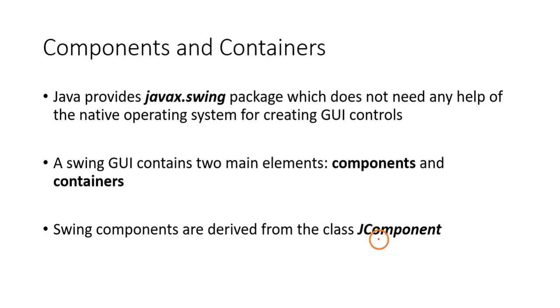In the javax.swing package, there is a class called JComponent, and all the components in the Swing package are derived from the class called JComponent. All the components are subclasses of the parent class JComponent.